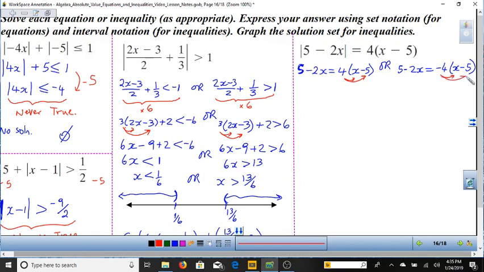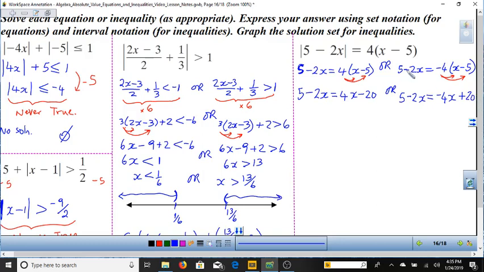When we do the left side, we get 5 minus 2x is equal to 4x minus 20. And on the right hand side, we're going to have 5 minus 2x is equal to -4x plus 20, because we're distributing a -4.